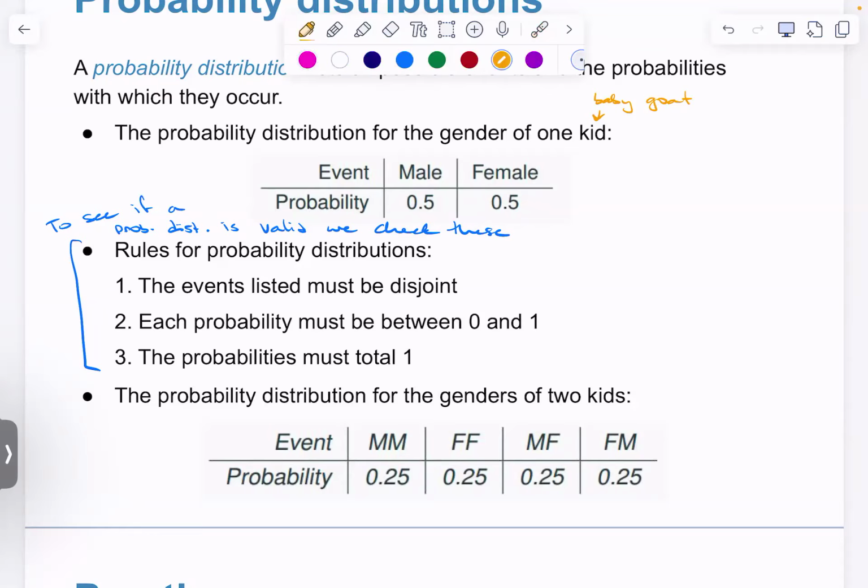And so here, this would be the sample space. The total probability must be 1, if I've listed all the possible outcomes.